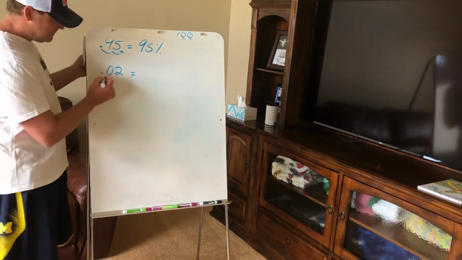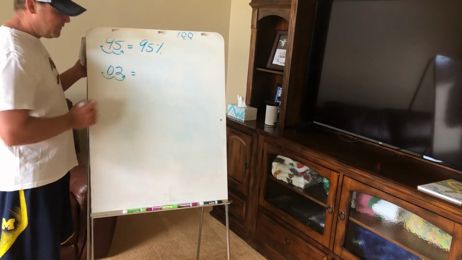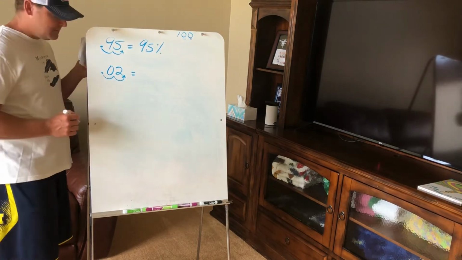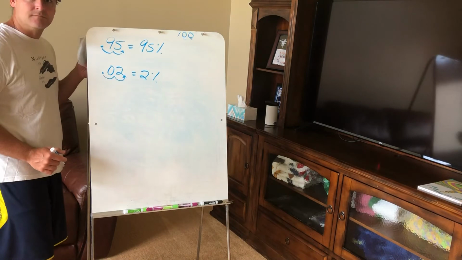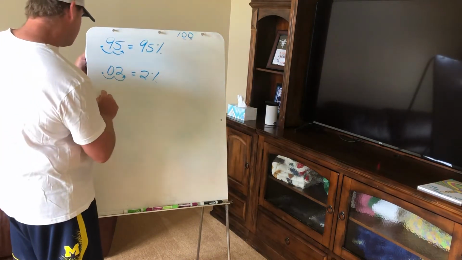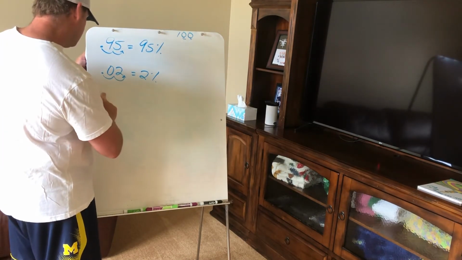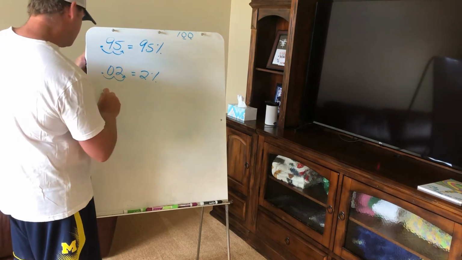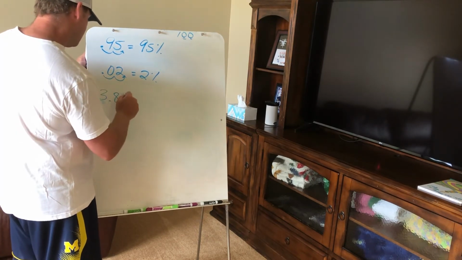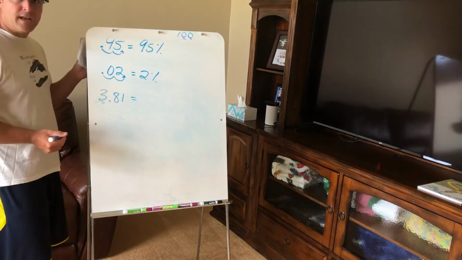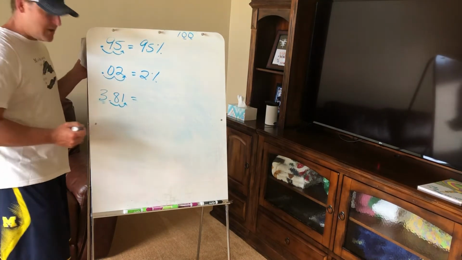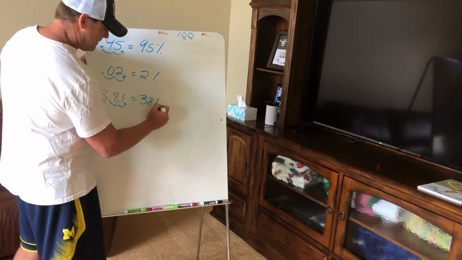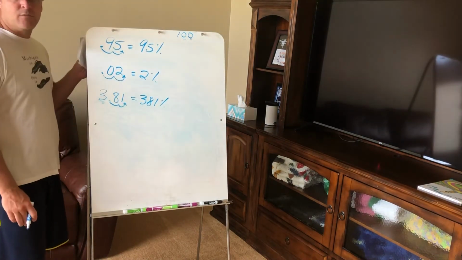0.02. Move the decimal 2 places to the right, and our answer is going to be 2%. 3.81, move the given decimal 2 places to the right, 381%.